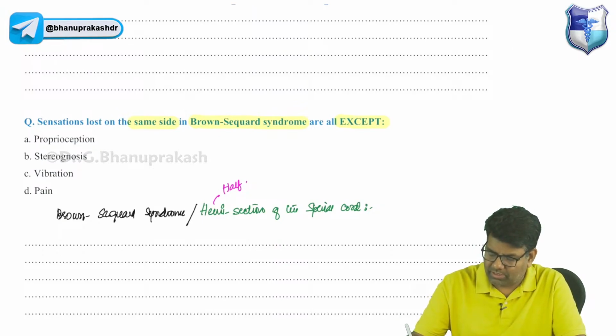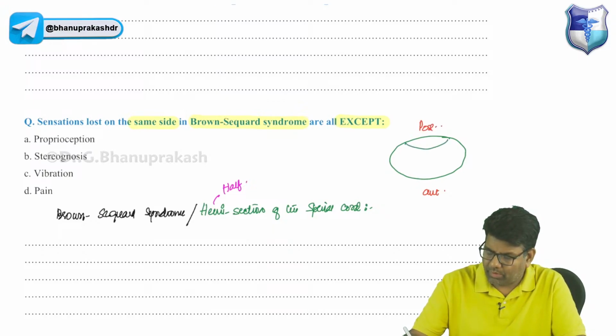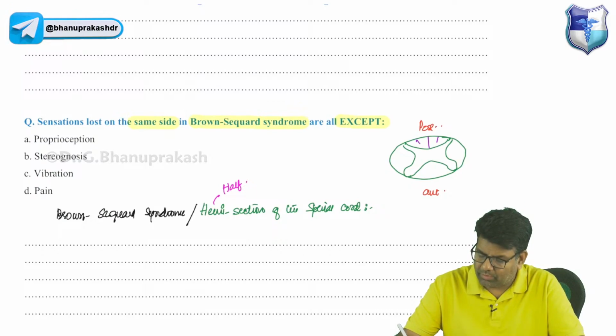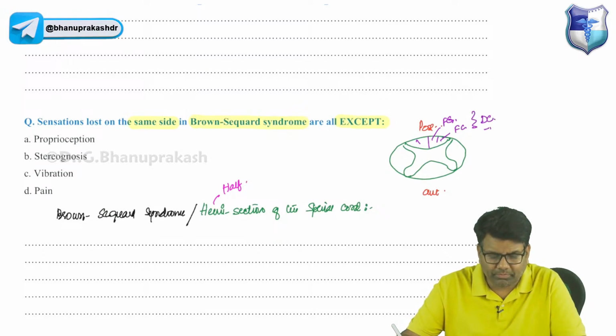So suppose this is the spinal cord, and this is anterior. Here we have the dorsal column, and here we have the lateral spinothalamic tract.